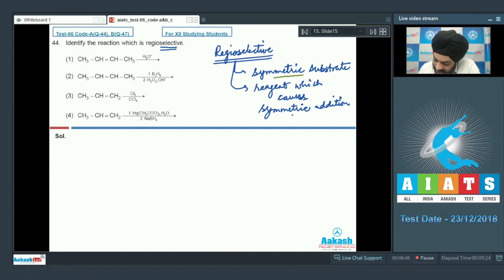When these two conditions are present in the system, the reaction cannot be regioselective.